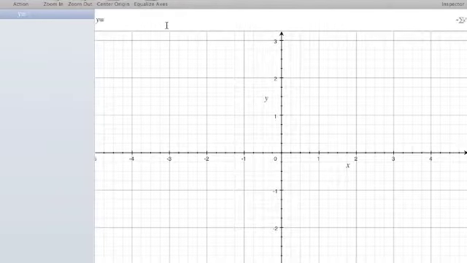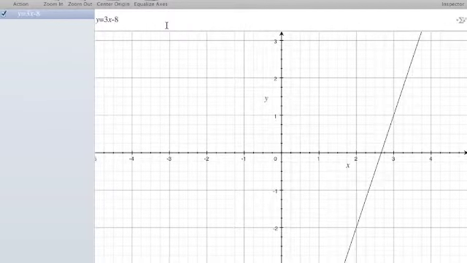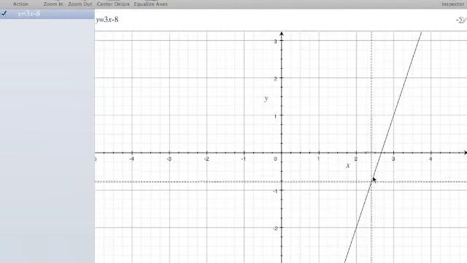All right, so looking at our handy-dandy grapher, we're going to input our equation y is equal to 3x minus 8. Okay, and we're going to look and see where this thing crosses the x-axis.